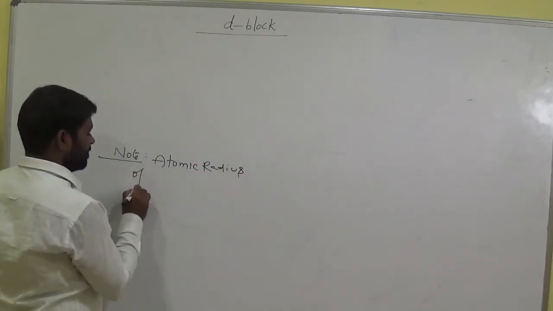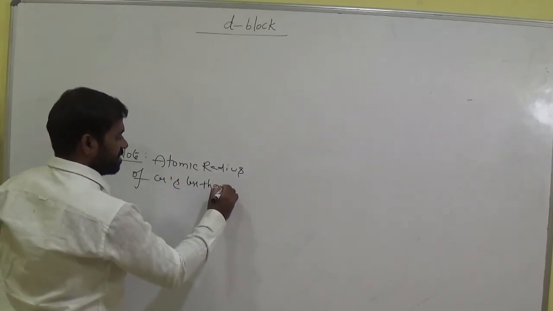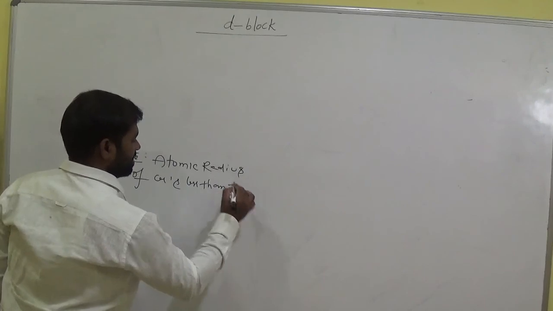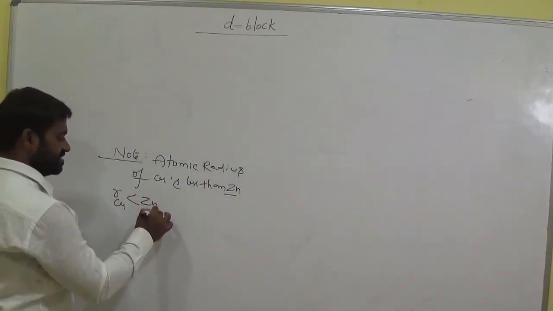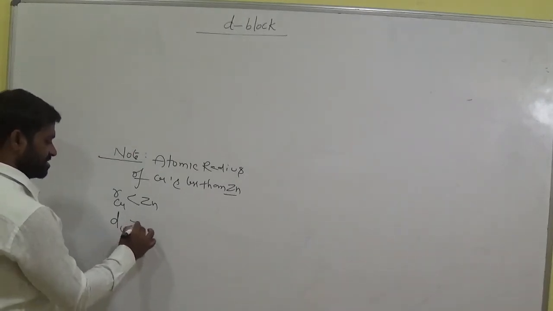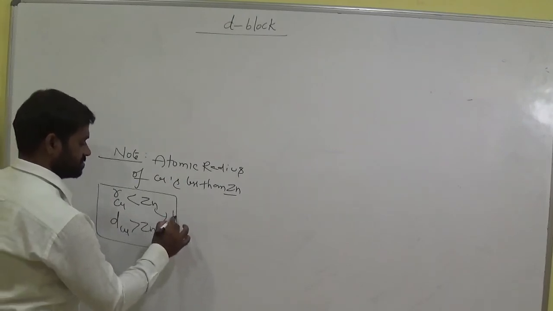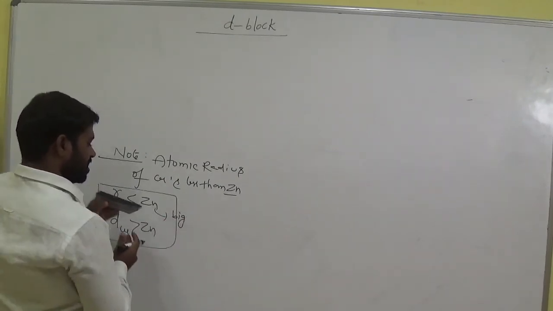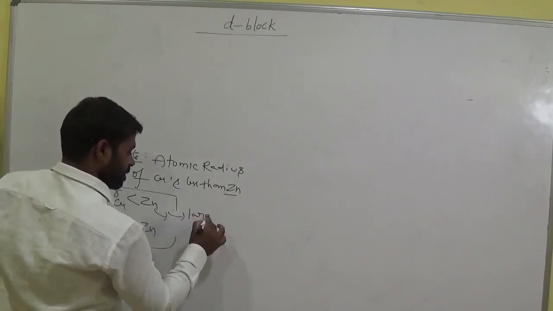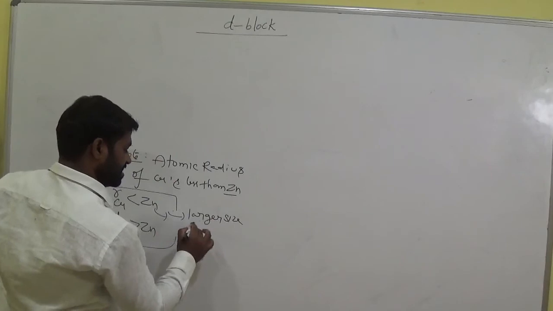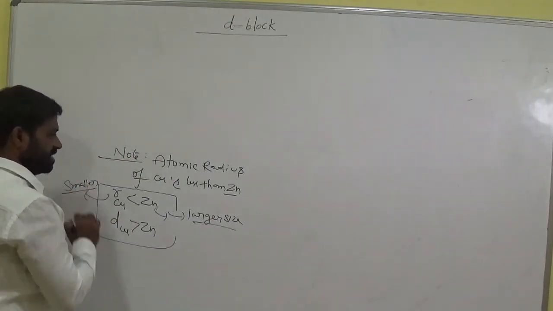Simply remember: atomic radius of copper is less than zinc. Radius of copper is less than zinc. Density of copper is more than zinc. Zinc has larger size, copper smaller.